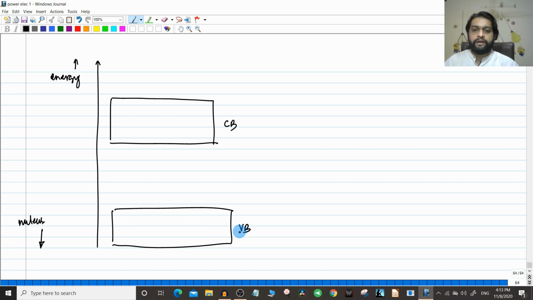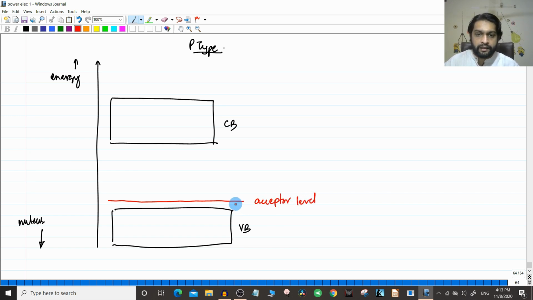When you were having an n-type material, there was another level called the donor level, which was created close to the conduction band. Here, in a p-type material, another level is created, called an acceptor level, and that is closer to the valence band. So this energy is very less.